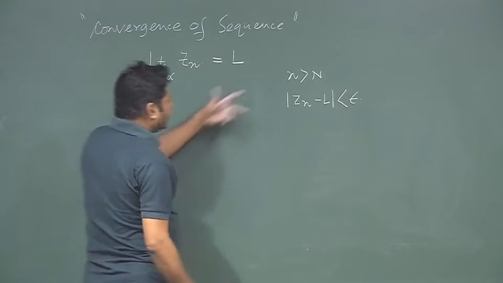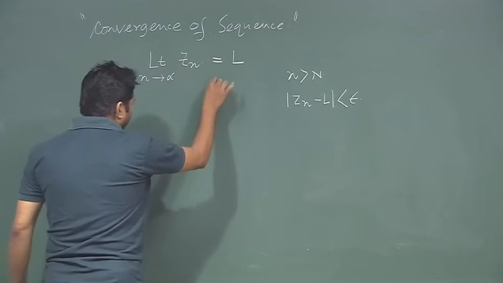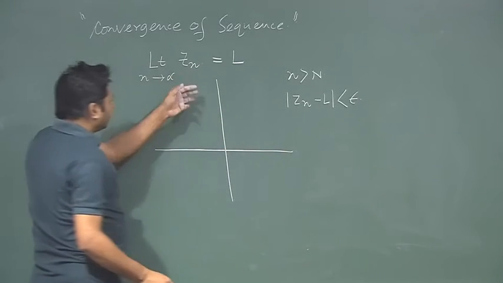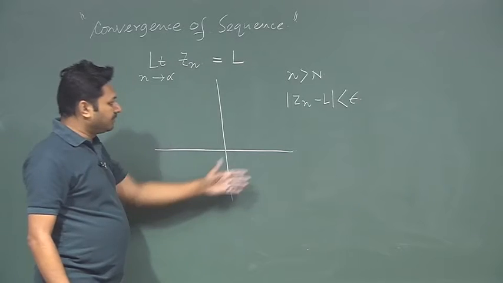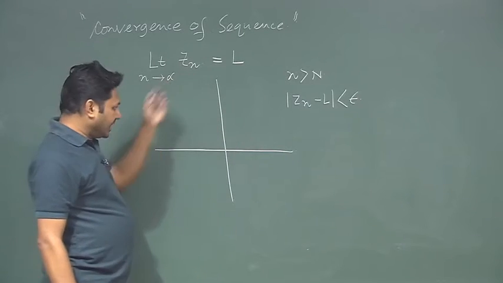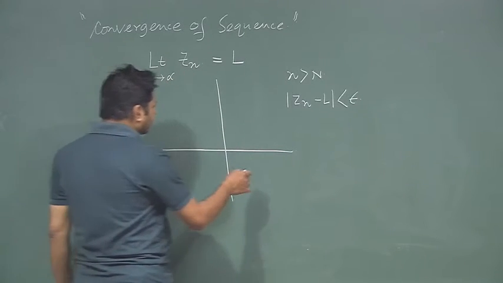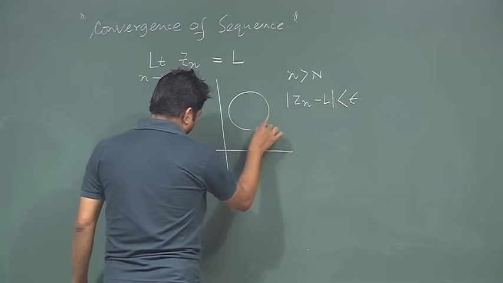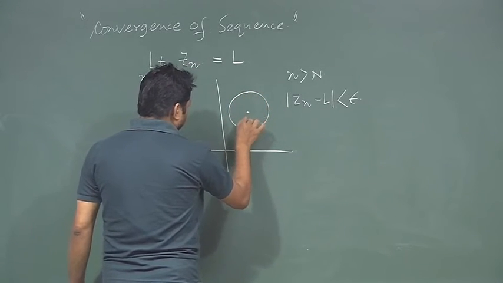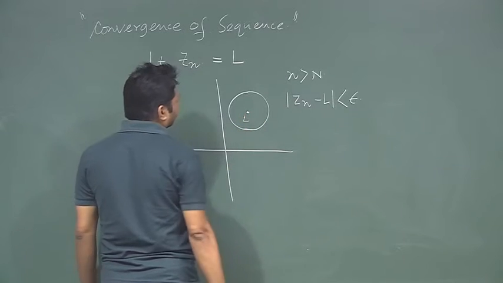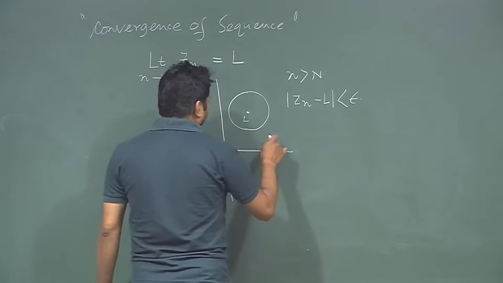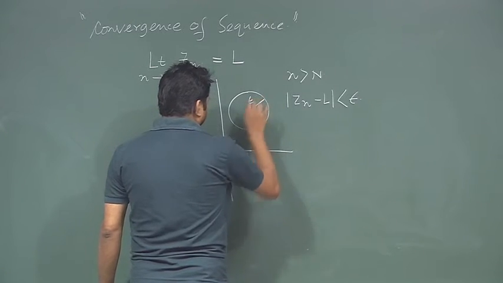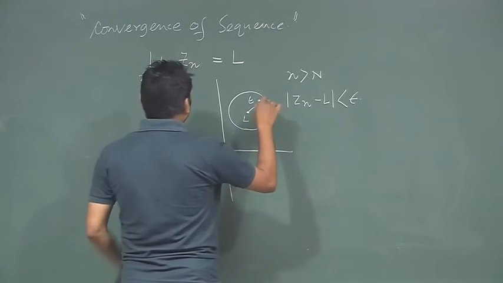So, let me visualize these things. This is the domain I have, this is the complex number that is changing. In the complex plane the numbers are changing, here the value is L and this is epsilon.